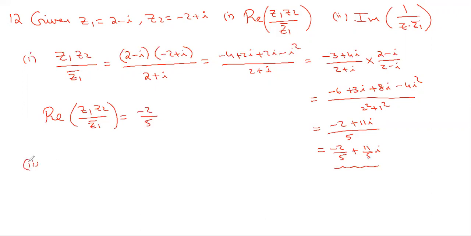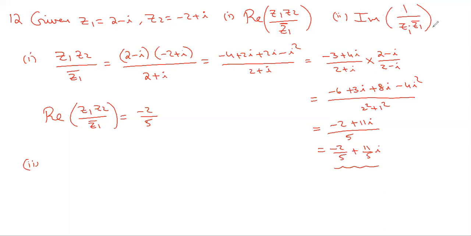Now the second bit: the imaginary part of 1 by z1, this is z1, right? Yeah, so z1 bar. Without doing the problem, we can answer this question. Why? z1 into z1 bar is mod z1 whole square, a property we discussed already. So this will be a real number. 1 by a real number is a real number. For a real number, the imaginary part is 0.